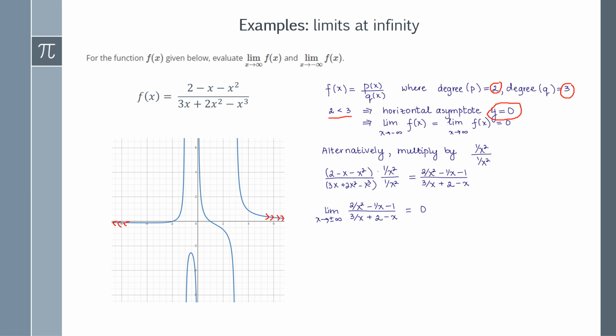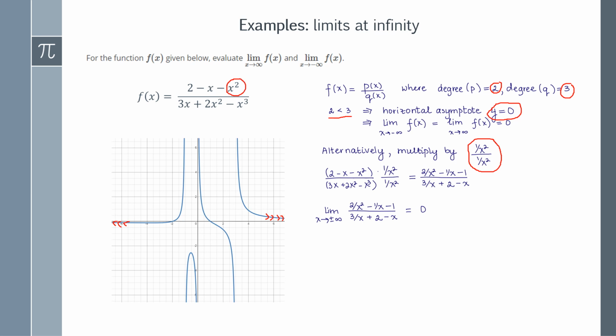Okay, now alternatively, we can compute these limits algebraically by doing this trick. We're going to multiply our function by the following expression: 1 over x squared over 1 over x squared. Or you can also think about it as divide both top and bottom by x squared. And what you're going to do for problems like this, we're going to pick the highest power in the numerator.